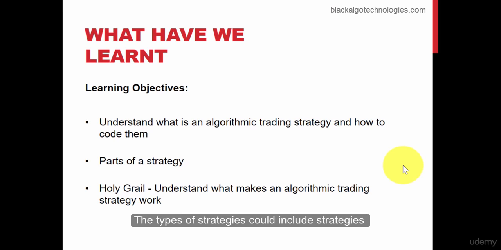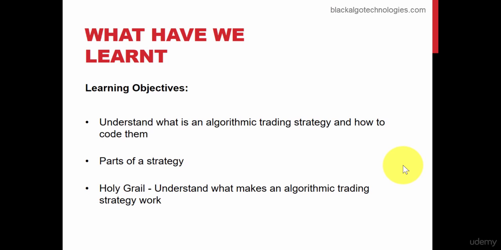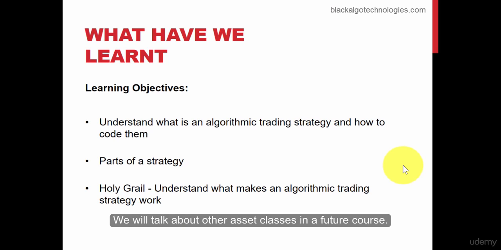So the types of strategies could include strategies related to macroeconomic factors, statistical methods, fundamental methods, and the design concept of these trading robots that we learned can be applied to different asset classes. Although in the first course, we focus more on FX because there are less complications in terms of coding. We will talk about other asset classes in a future course.